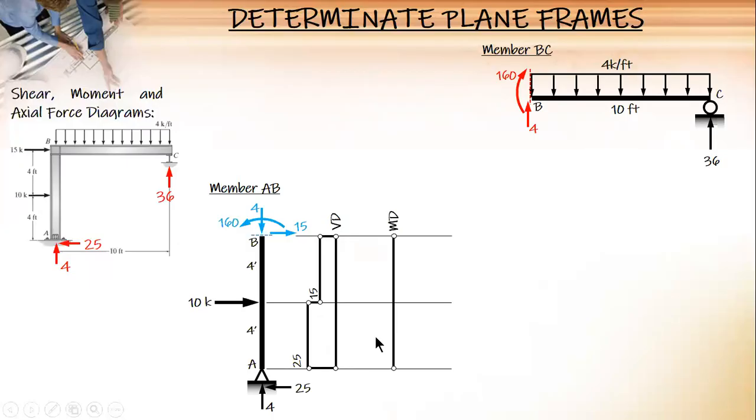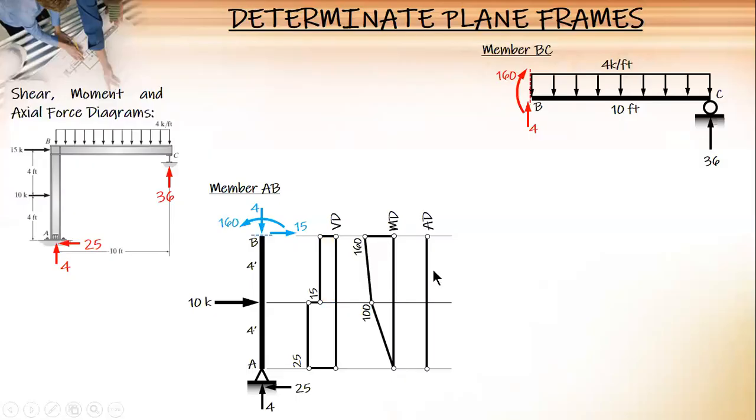And for the moment, you get the area of this, 25 times 4, that's 100, no? So a straight line, 100, and then the area of this, 15 times 4, 60, plus 100, and you have 160, to be balanced by this 160. Positive, the beam smiles.